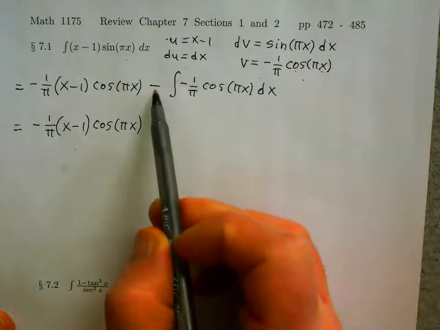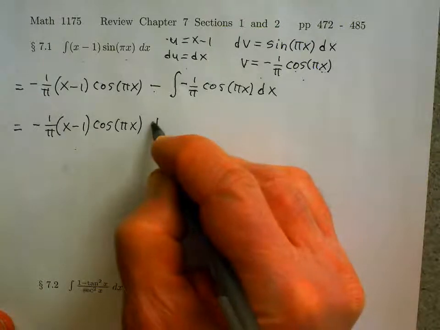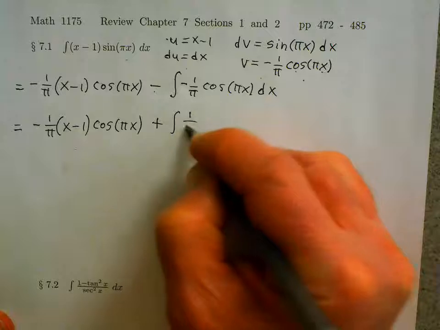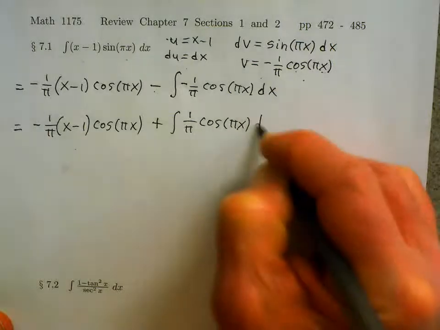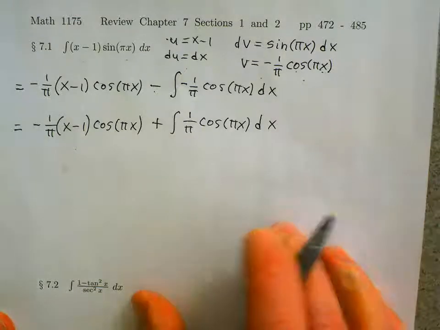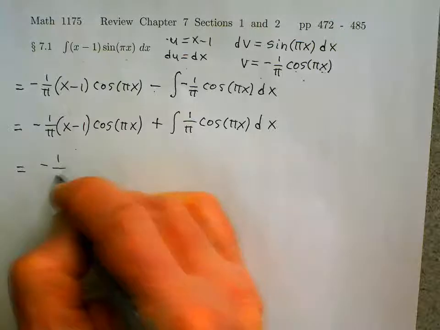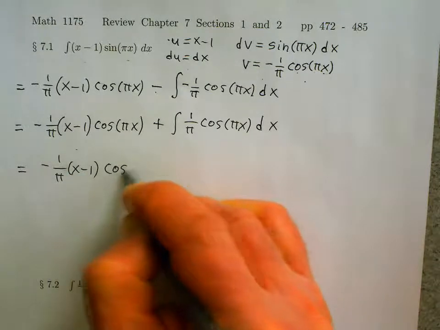For the next one, we're subtracting a negative. So I'll just put in that we're going to add the indefinite integral of 1 over pi times cosine of pi x dx. And then the next step will give us our final result.